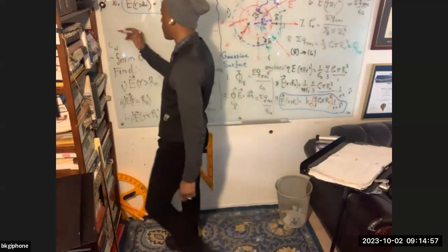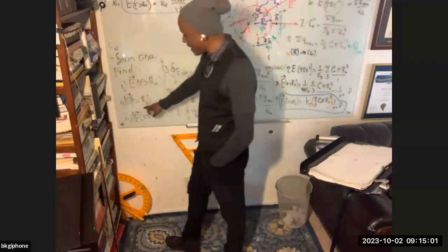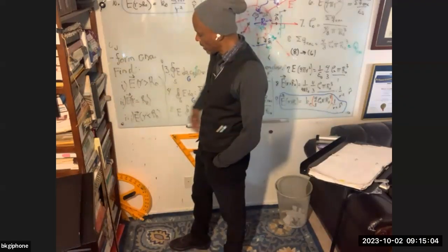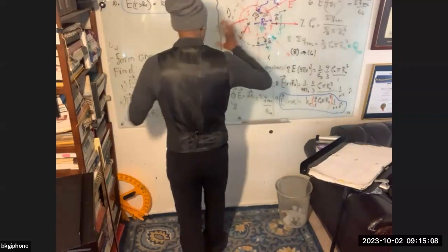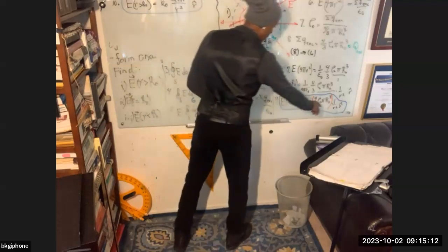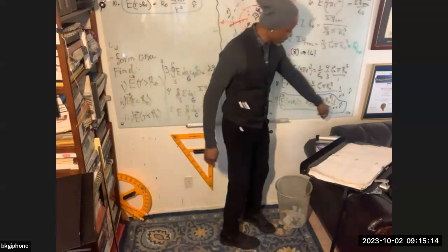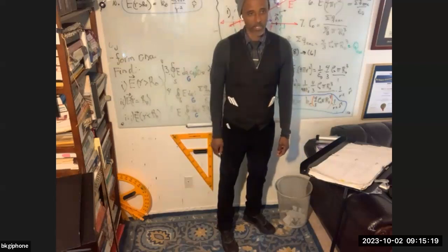But for part II here, where I'm at the surface, it's the same argument I have here, all the exact same steps, except that when I get down to the final step here, my R squared is actually R naught squared, because R equals R naught.